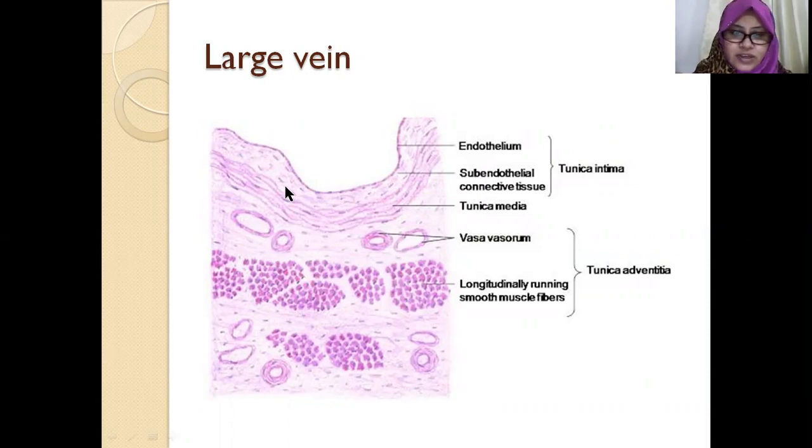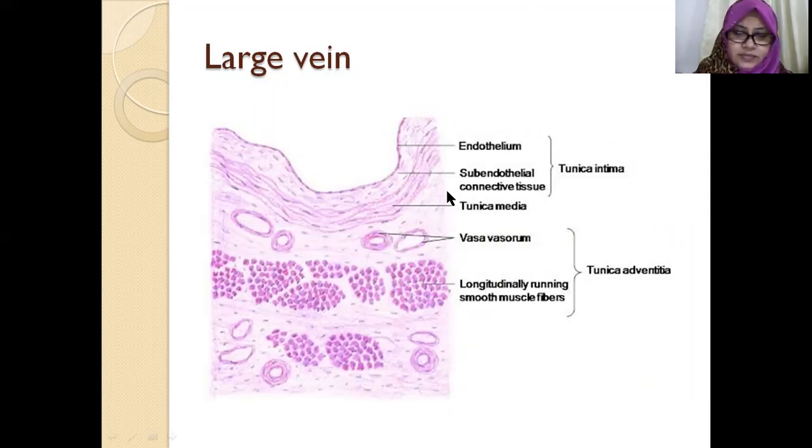In this figure, we can see the large vein, which consists of endothelium and subendothelial connective tissue in tunica intima. This is tunica media, where connective tissue and smooth muscle cells are present. These are smooth muscle cells.